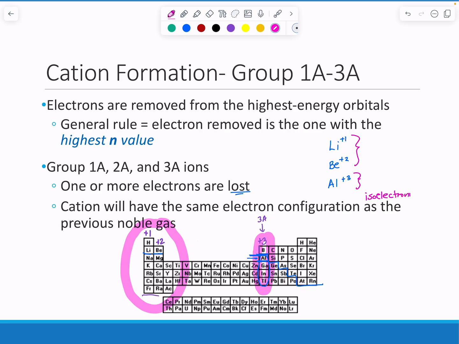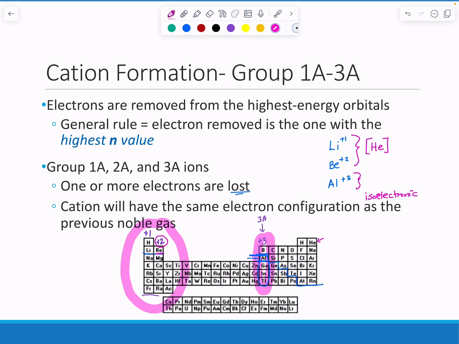So lithium, when it becomes a +1 ion, it means it loses 1 electron. So lithium is atomic number 3. So when it loses an electron, it's going to have 2 electrons, which is the same number as helium, the noble gas in the previous row, has. Okay, the same with beryllium. So if beryllium has a +2 charge, then that means it has lost 2 electrons.